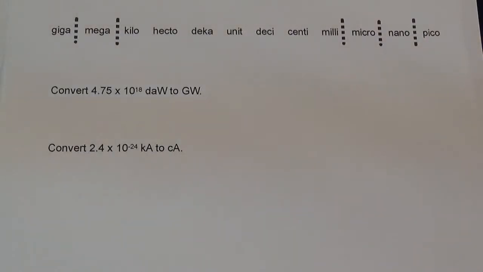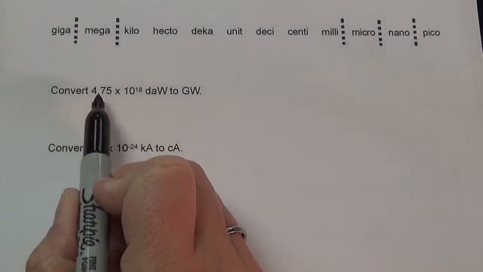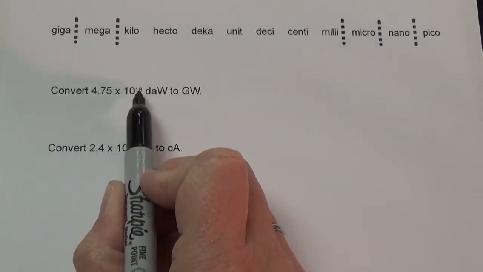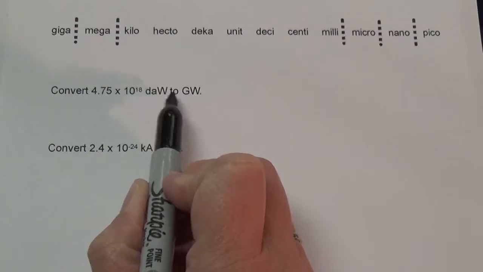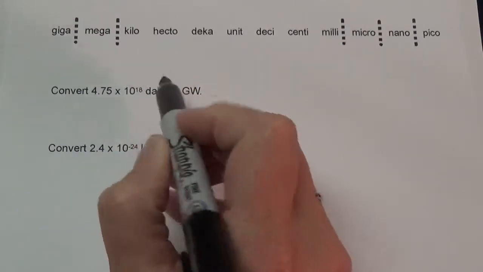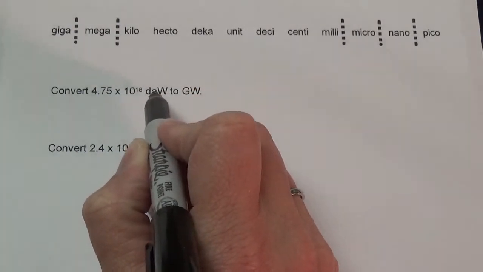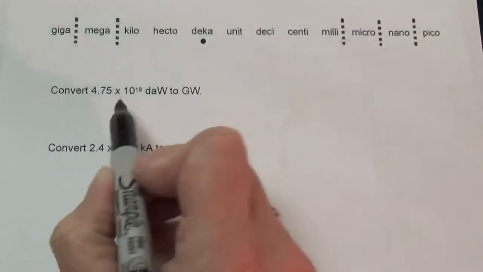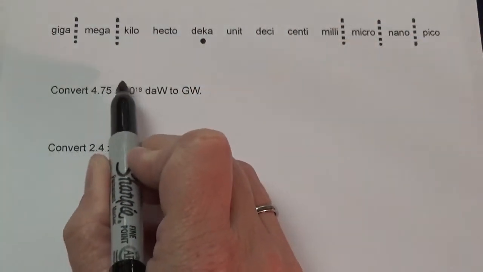On these last two, we're going to use scientific notation and see how that works when you convert with things in scientific notation. So for this one, it says convert 4.75 times 10 to the 18th decawatts to gigawatts. First of all, we know we're going to start at deca, which is here, because that's the one that has the given number with it.